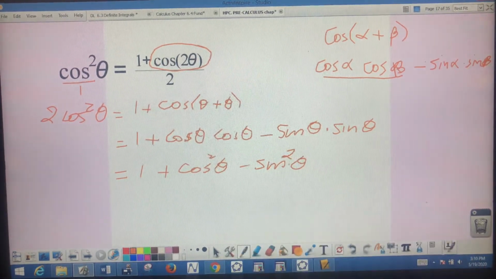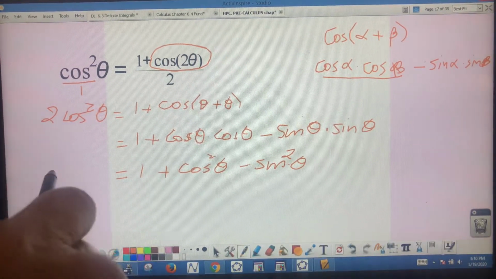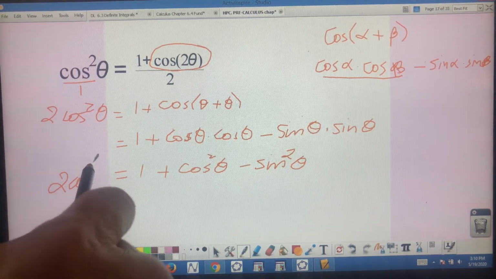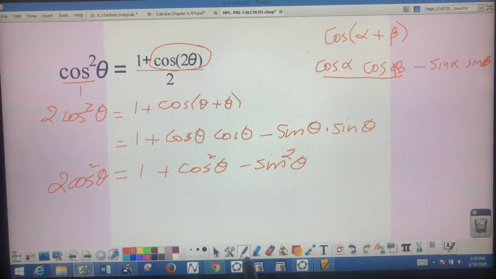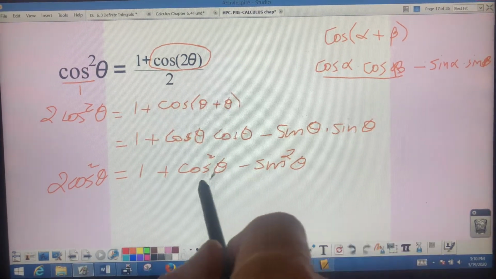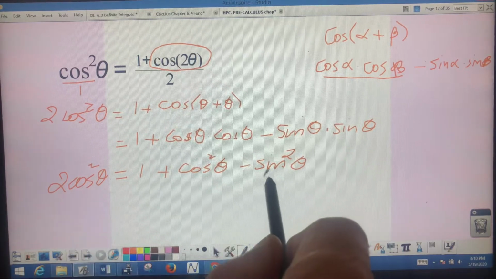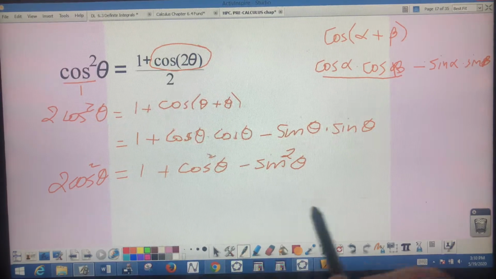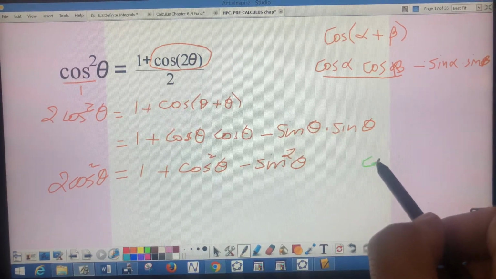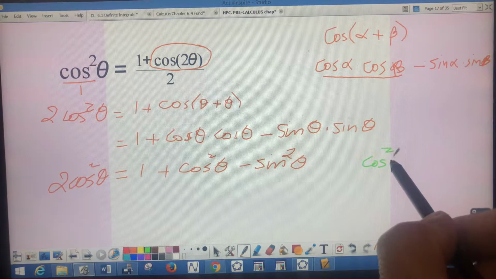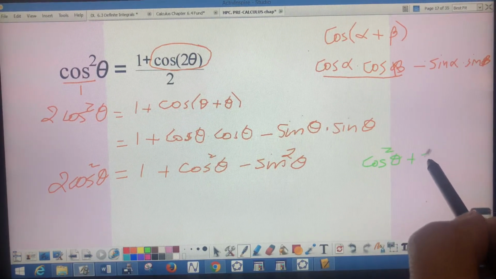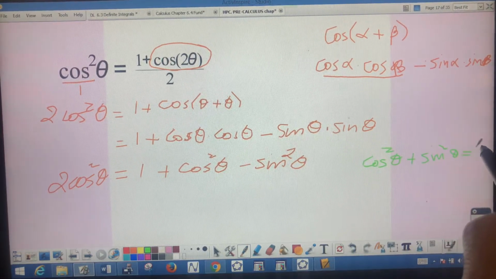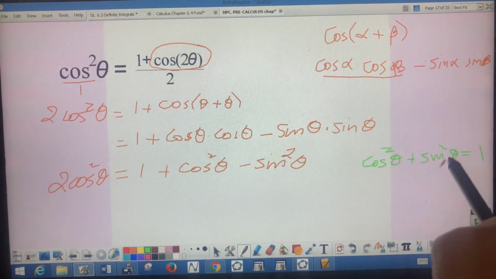All right. So now the trick is I want to see at the end if my left side and right side are equal to each other. So here's one I can do. Since I see a cosine, the only thing that stops me from making it look like a cosine is the sine squared. So this is one of the famous properties, the Pythagorean theorem. So cosine squared plus sine squared equals 1.